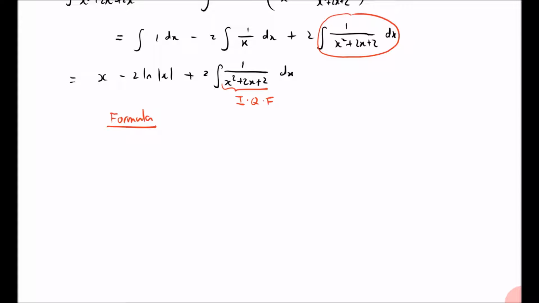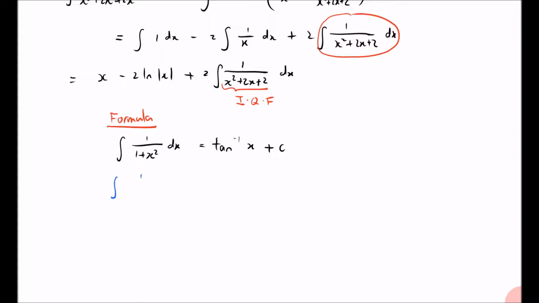Now why? Okay, I will show you the formula first. If you integrate 1 over 1 plus x squared dx, the formula is tangent inverse x, of course plus c.